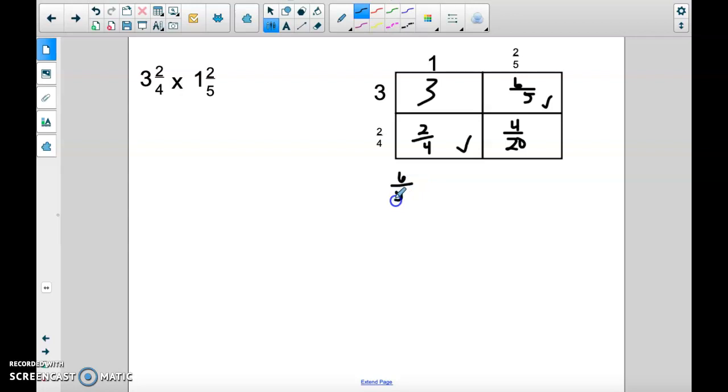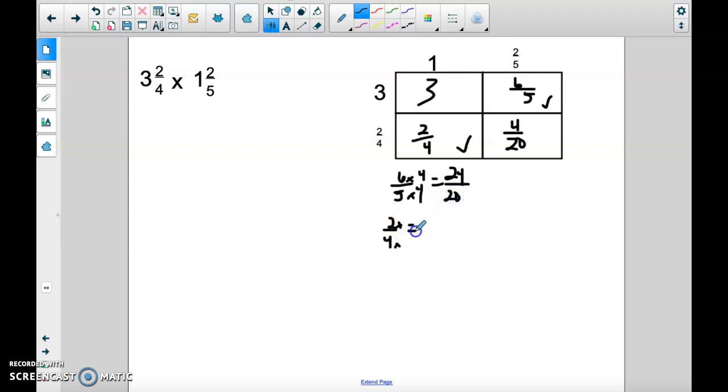6/5, 2/4. So this will be equal to 24/20.